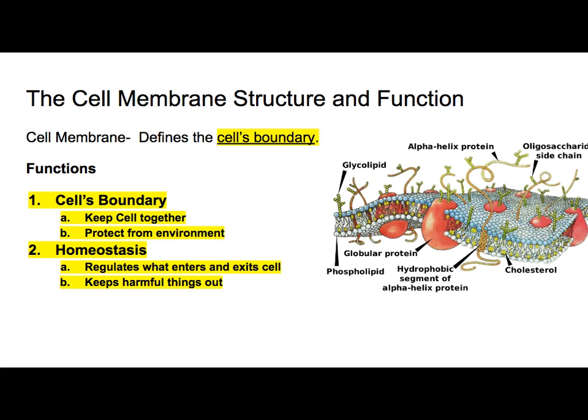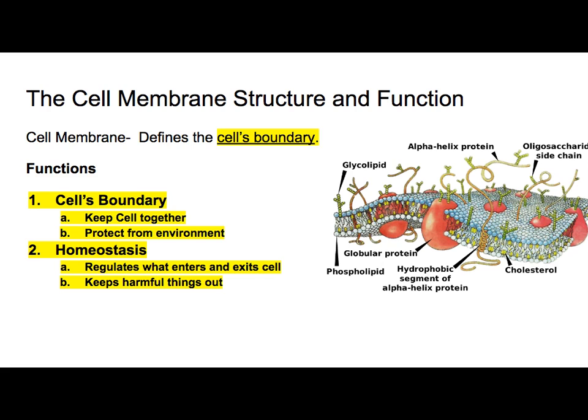Now, on that little Poggle thing, we saw a little bit of how the cell membrane was made, didn't we? Okay. And today I'm going to talk a little bit more about that. The cell membrane defines the cell's boundary.